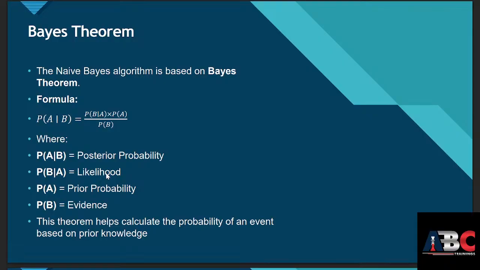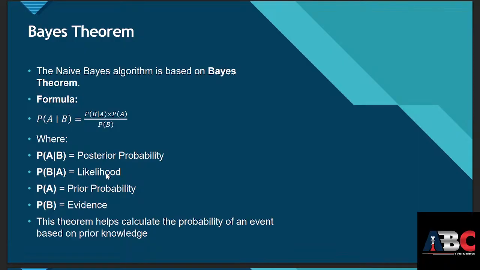The third one is the prior probability, P(A). Prior probability P(A) is the probability of event A before observing any evidence. It reflects our initial belief about the likelihood of an event.